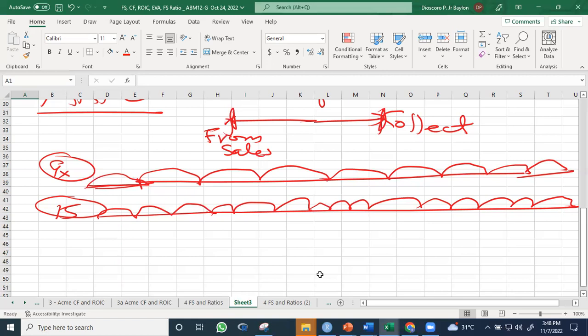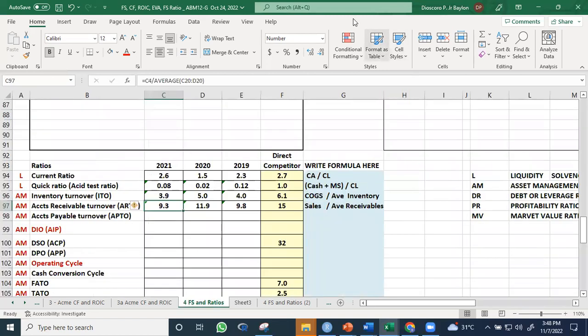Or baka hindi trained yung mga staff nila kung paano yung art of collecting. Kasi may art din yan, may manner din yan. Okay, so these things ought to be analyzed by the company. Okay, once again, class, pause muna ako. Clear so far yung R2 natin? So sa R2, sabi natin, the higher the better.